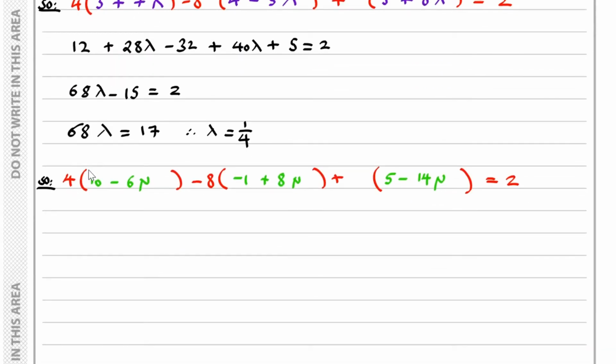And if we tidy all this up, we have 40 minus 24 mu plus 8 minus 64 mu plus 5 minus 14 mu equals 2.